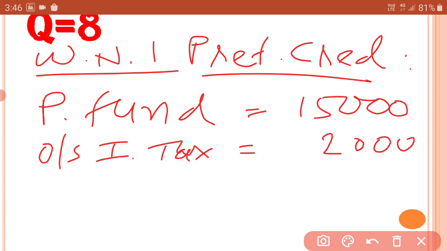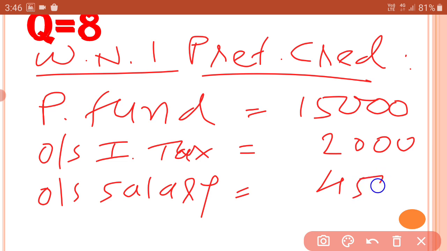Then outstanding salary of 3 clerks was given as 4,500. 4,500 divided by 3, so one's answer is 1,500 for 3 months. So it is the lesser amount under our rule.